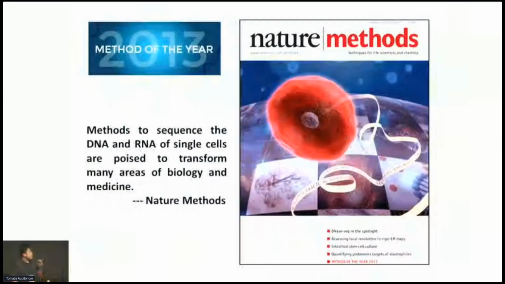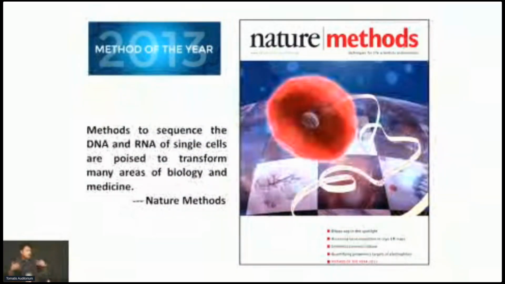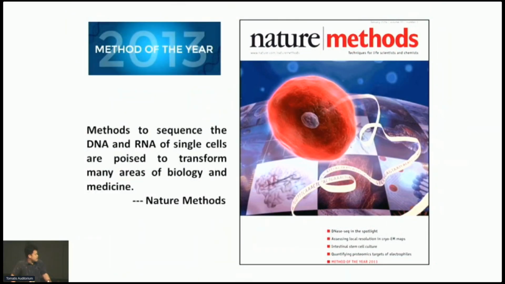Let's go back to 2013, where everybody was excited about this novel data type called single cell RNA-seq. How are we going to model it? That is the question we asked ourselves. The first thing we tried was to follow what we did for bulk single cell data analysis, which includes normalization and log transformation of normalized data.